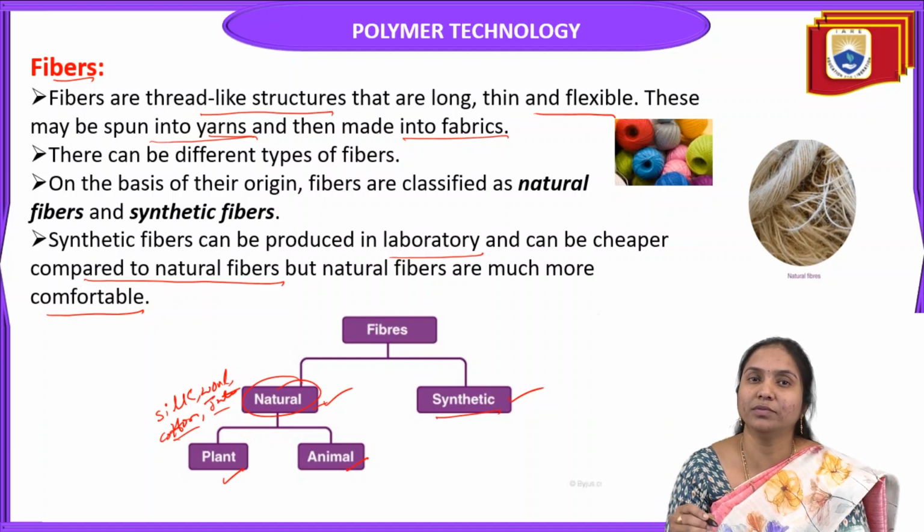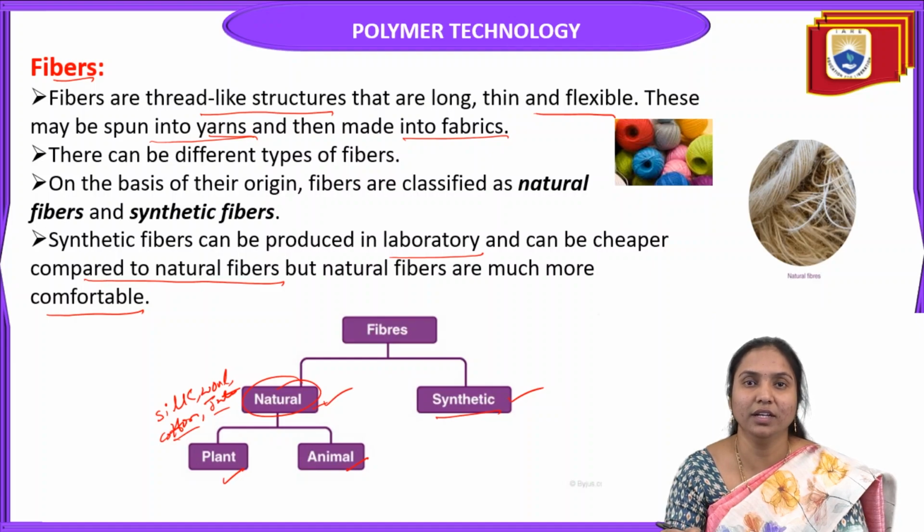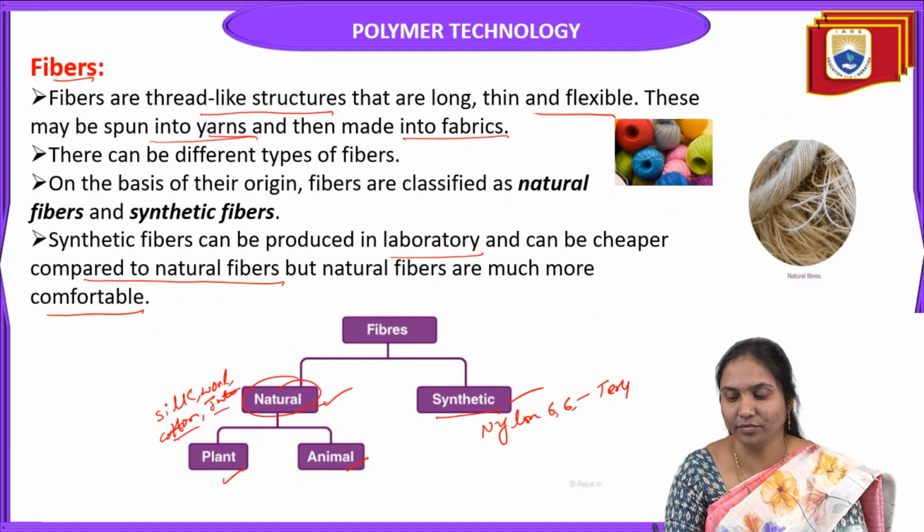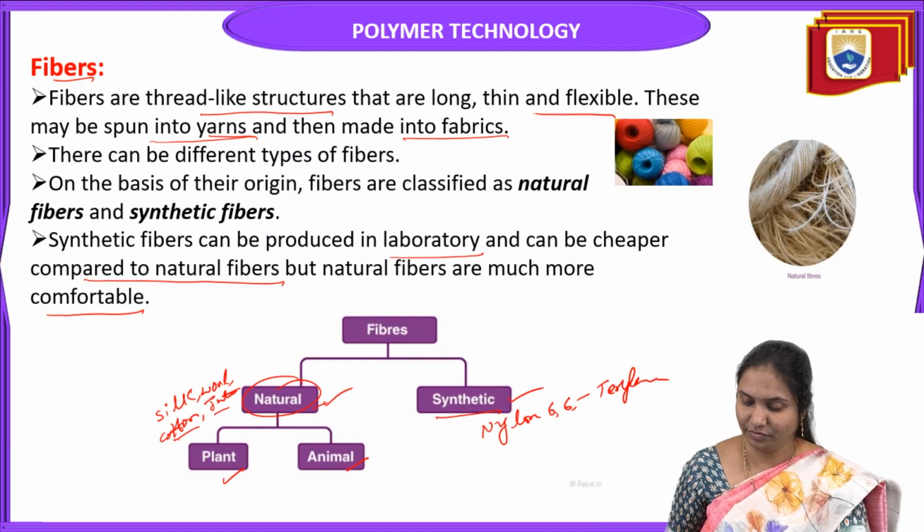There are two types of fibers based on origin: natural fiber, obtained from plants and animal materials, and synthetic fiber, prepared in the laboratory, also called man-made fibers. For example, Nylon 66 and Terylene.